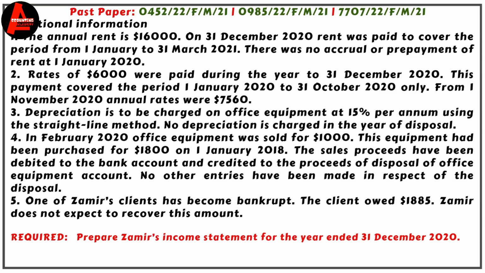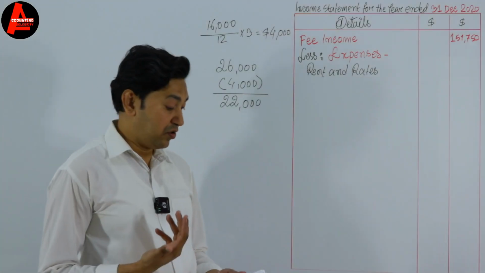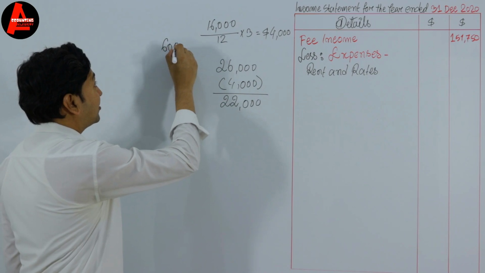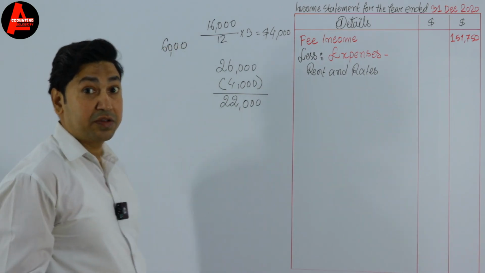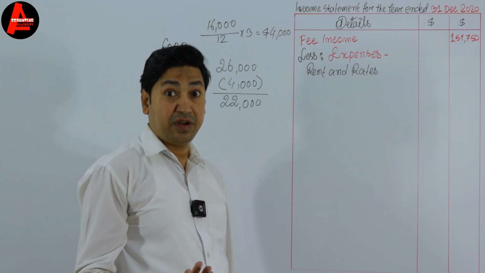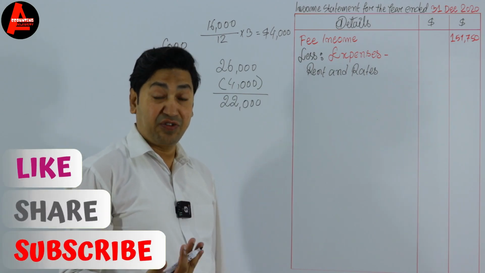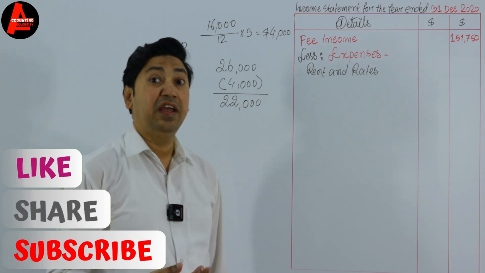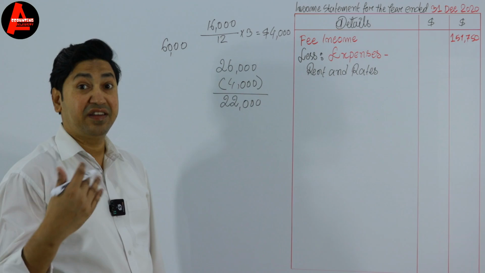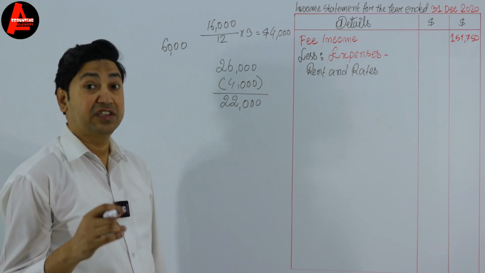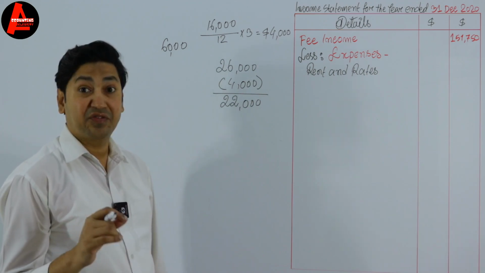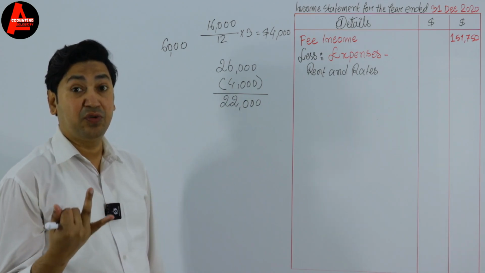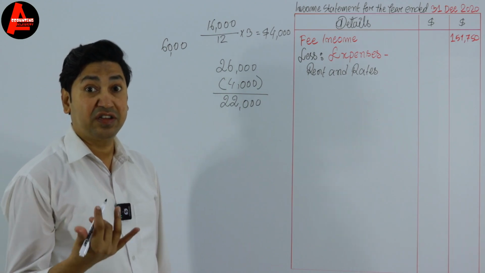Until 31st October the annual rates were $6,000, but from November to December the rates increased to $7,560. Rates are not paid until 31st December, only until 31st October. That means November and December, these 2 months of rates, were not yet paid.